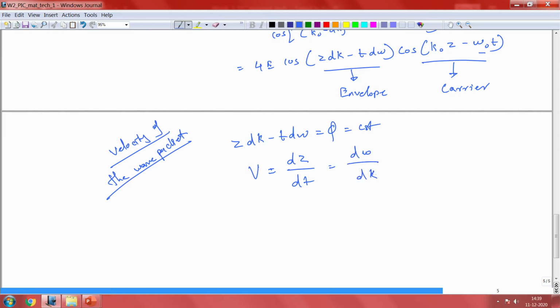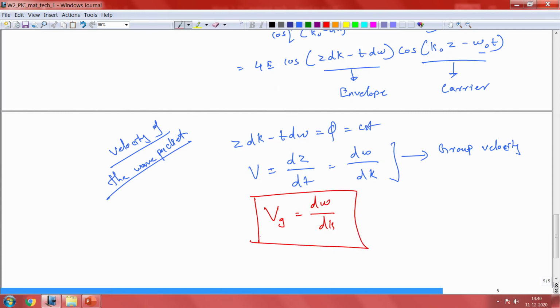So, d omega over dk is our group velocity. Because it is a group of waves, that is the reason why we call it group velocity. In order to differentiate this from the phase velocity, we write Vg, which is nothing but d omega over dk.